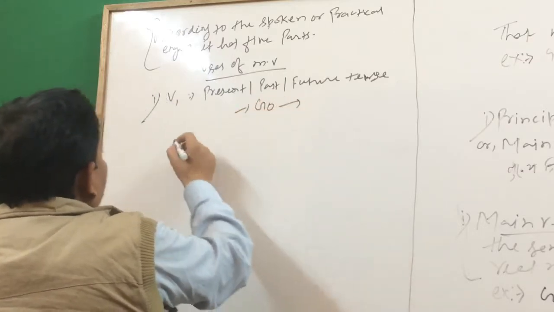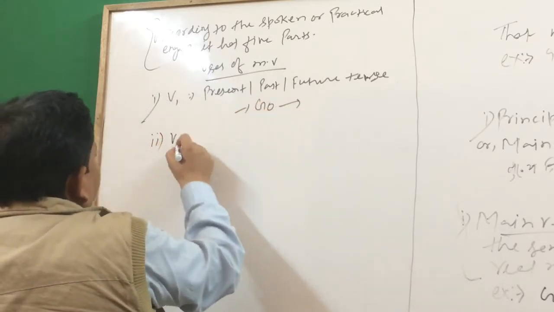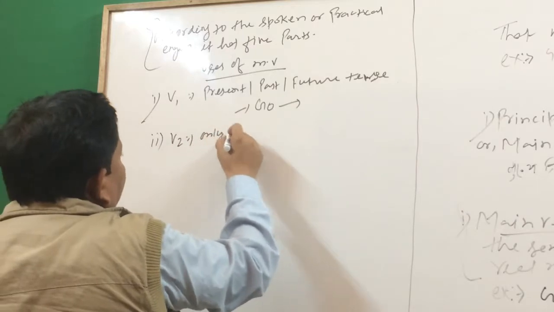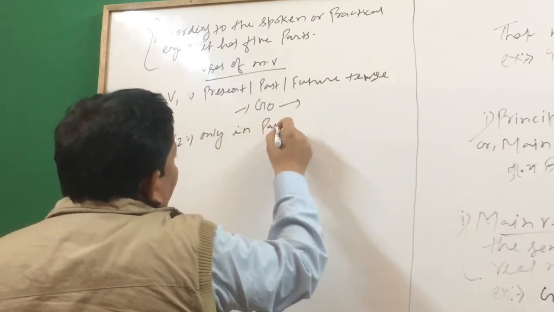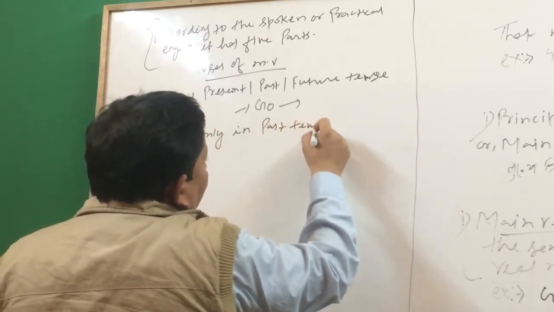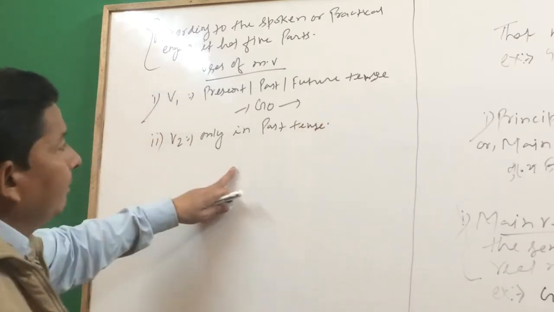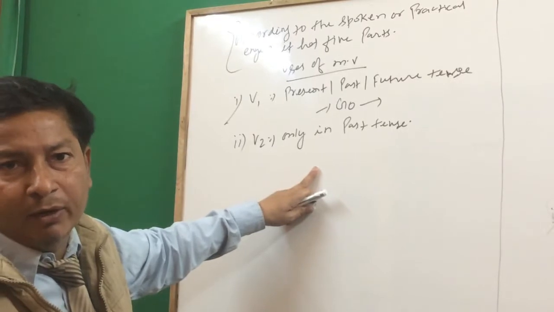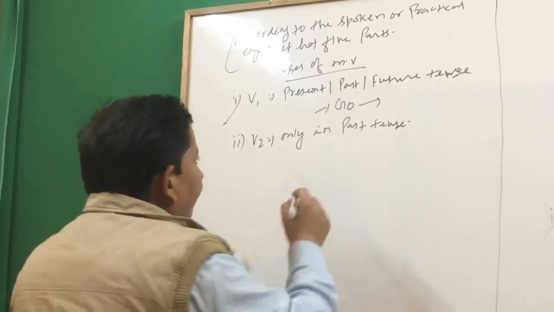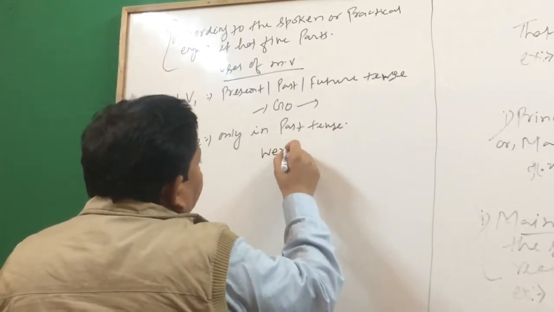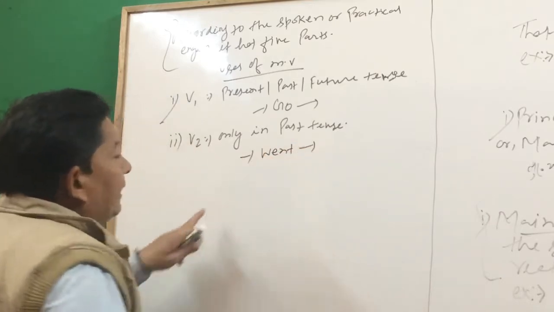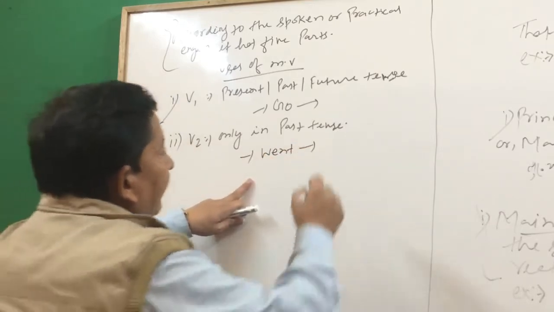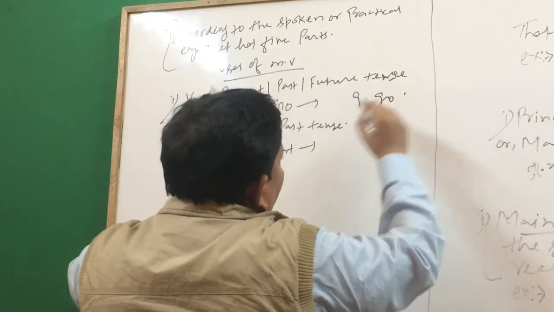Such as the example go. Now second one, V2, only in past tense. Once again I am repeating, only in past tense. But for the positive sentence of past indefinite only. So we can say went. See? Look at that. We can say example like I go.